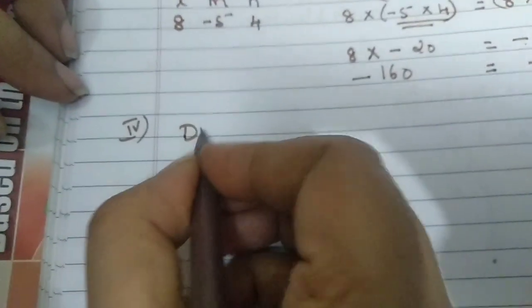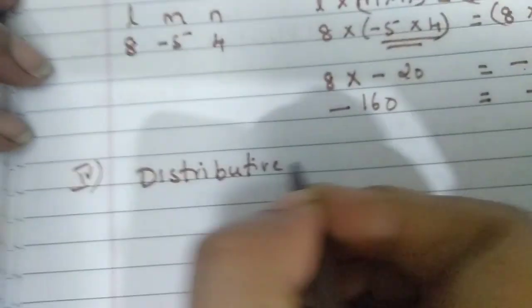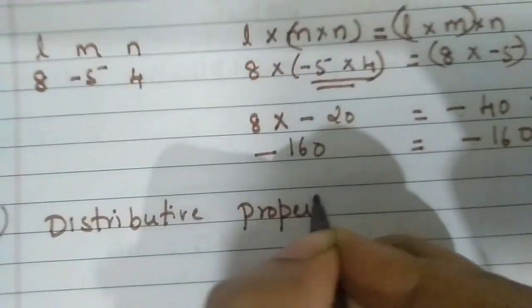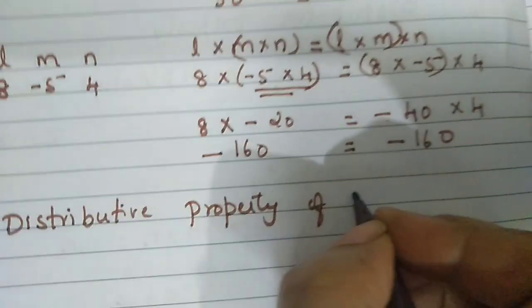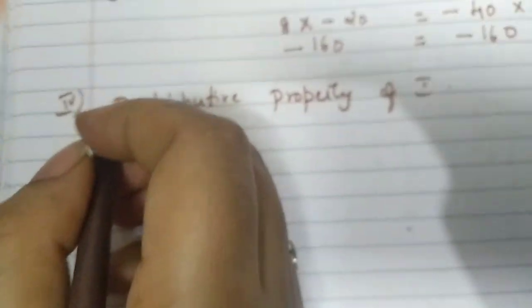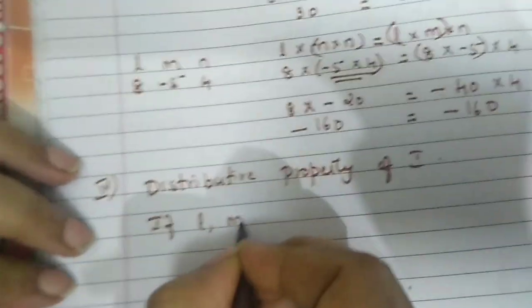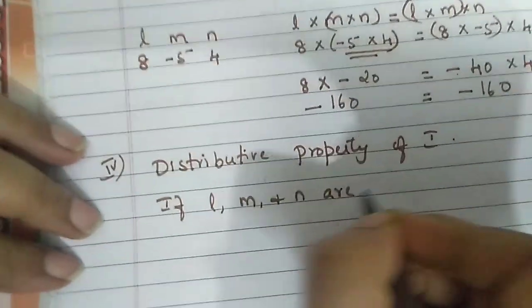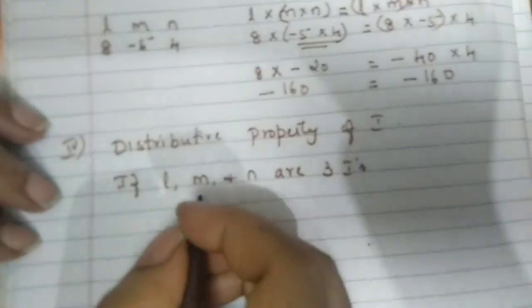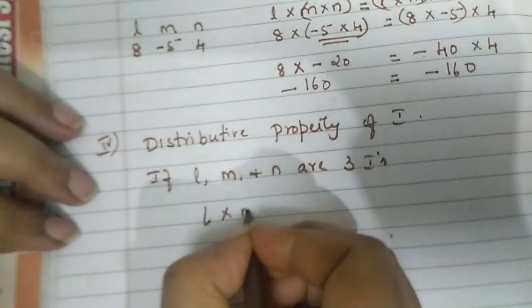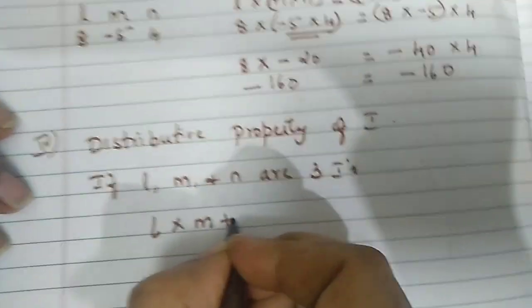Now let's check the other property, which is the distributive property, the fourth property, the distributive property of multiplication of integers. Here, according to this property, if L, M and N are 3 integers, then L into (M plus N).